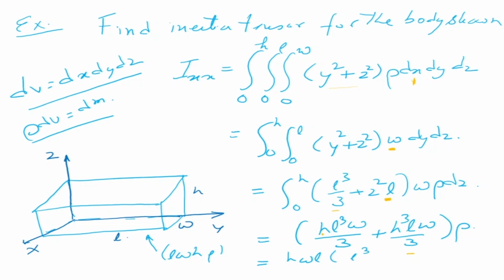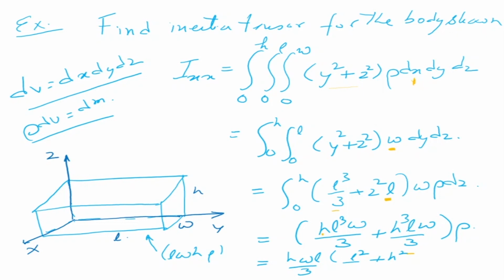L cubed by 3 becomes, since I took one L out, L squared, and h squared is left inside.